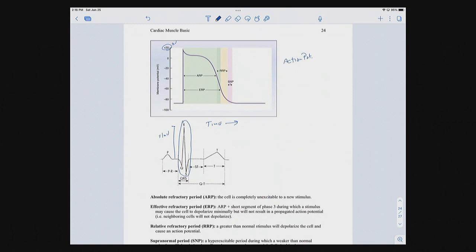But note that the QRS complex is well over before the action potential is over for the ventricles themselves. So most of the time of the action potential, you're in basically an ST segment.